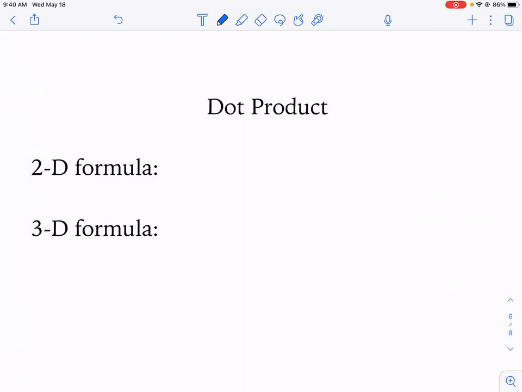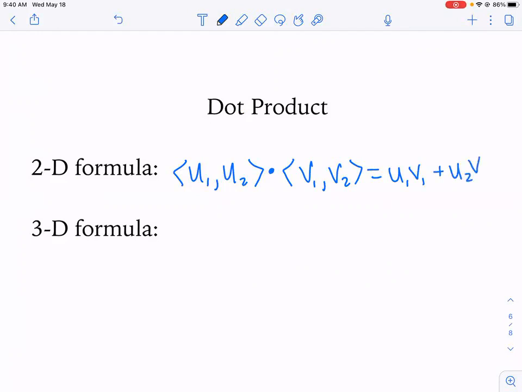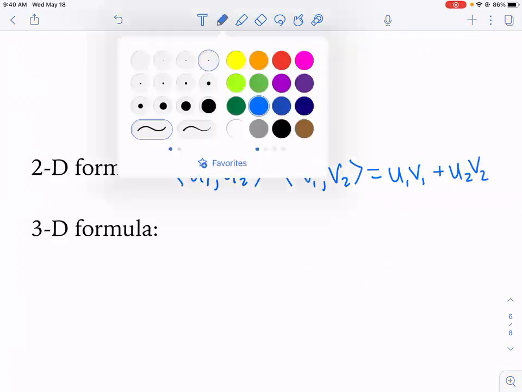So in 2 dimensions, if we have vector u times vector v, then we multiply the horizontal components together, plus we multiply the vertical components together. Do you remember that?